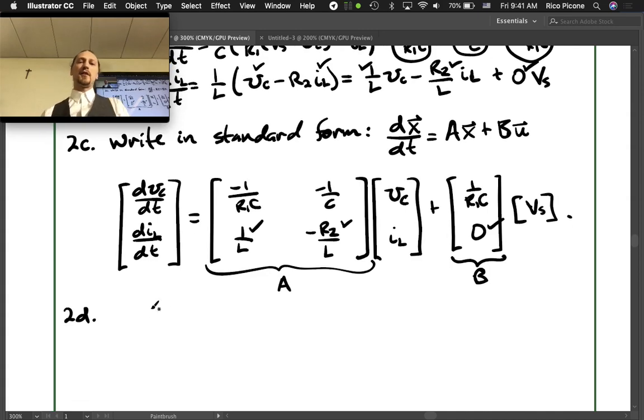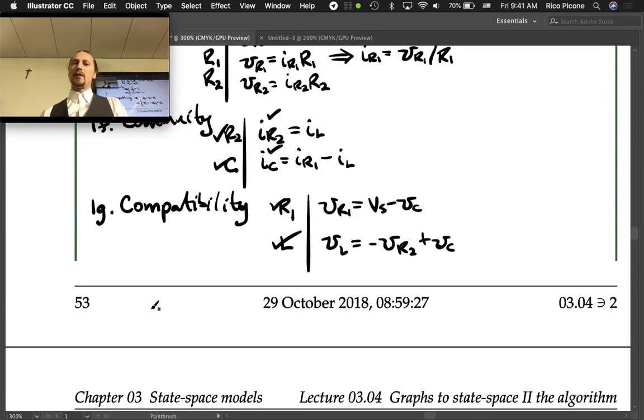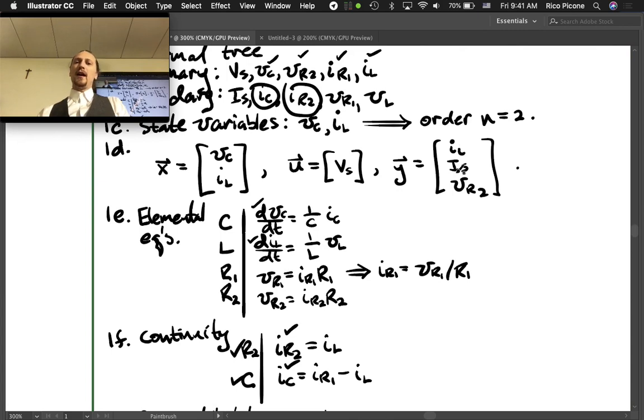The output vector we defined was IL, IS, and VR2, right? So we need to write these in terms of our state and input variables. So IL is already a state variable, right?